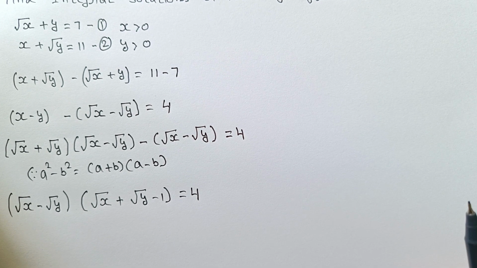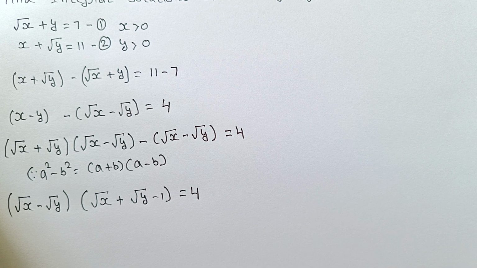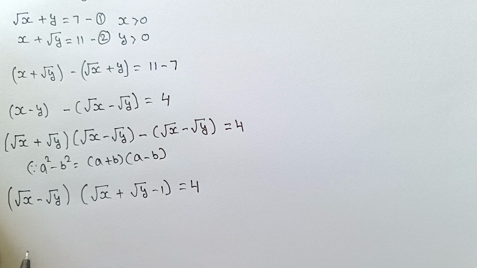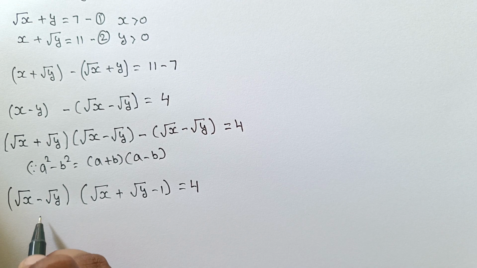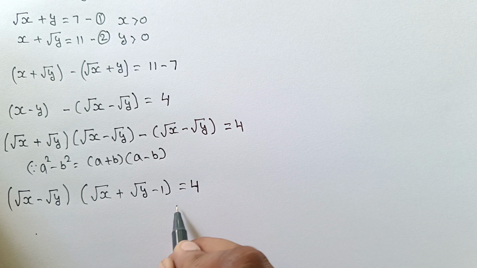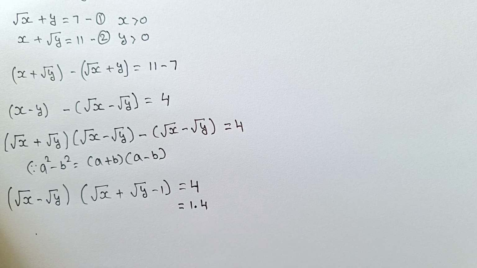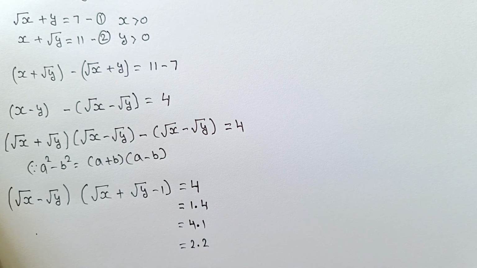So what possibilities have we got? Firstly, we take the positive values. So what are the possible values for it? This 4 can be 1 into 4, or 4 into 1, and 2 into 2.